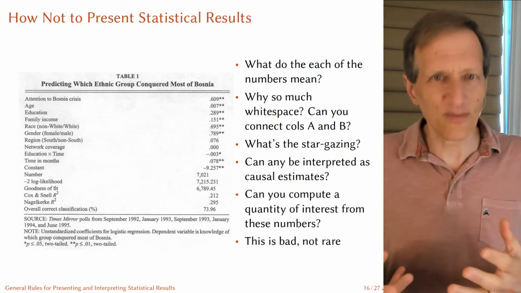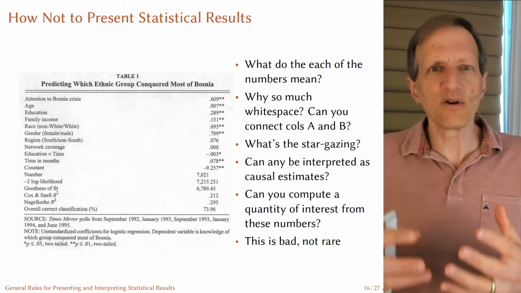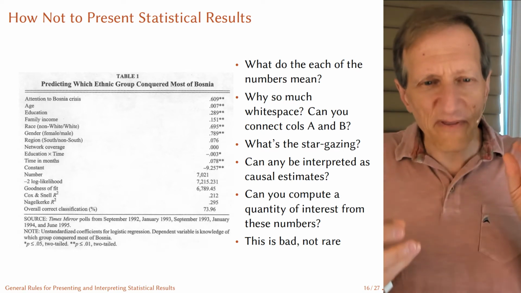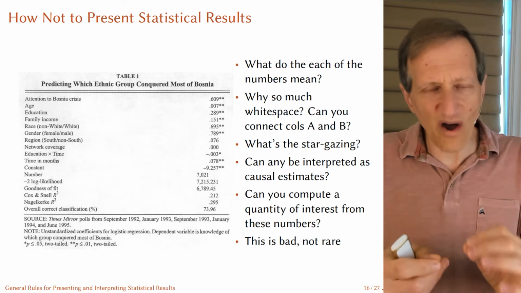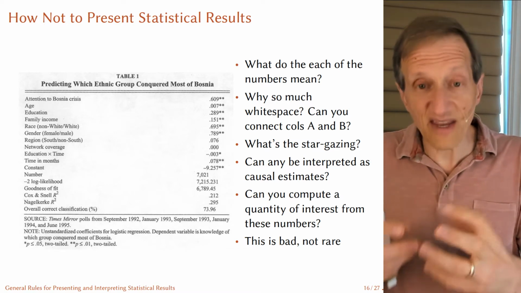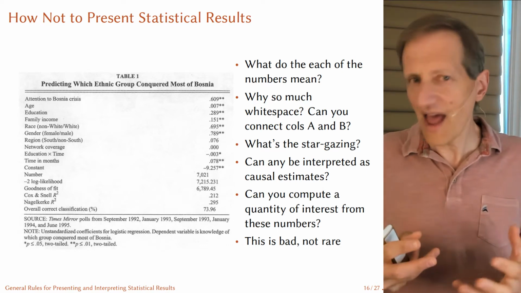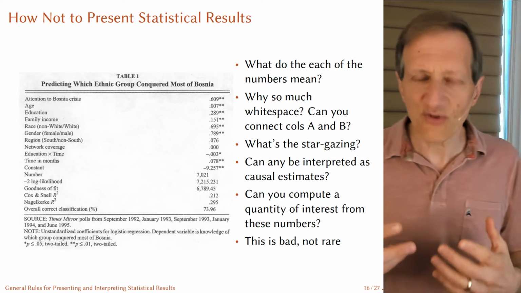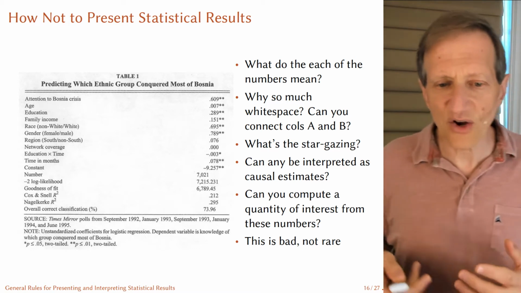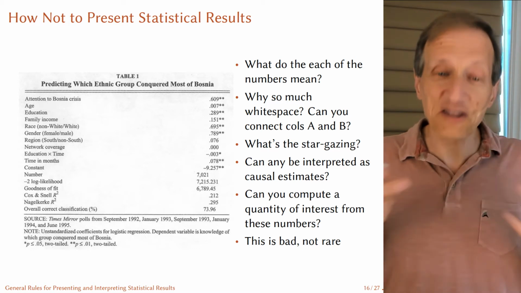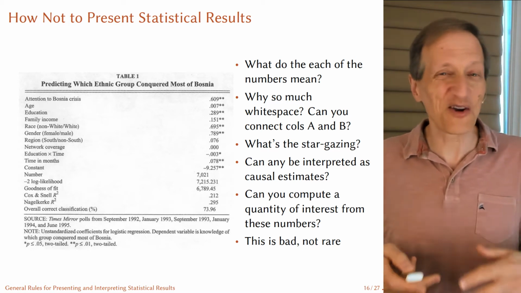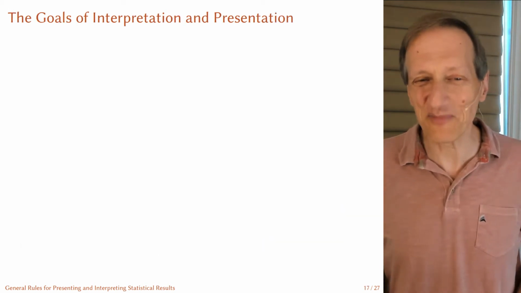I think that's a real mistake, because you don't really know what your results are until you've figured out exactly what the quantity is that you're estimating and then what the estimate is. And once you see it, that can change how you're describing and presenting your whole analysis. So this is how not to present some statistical results. Let's try to figure out how to present them in a somewhat better way.